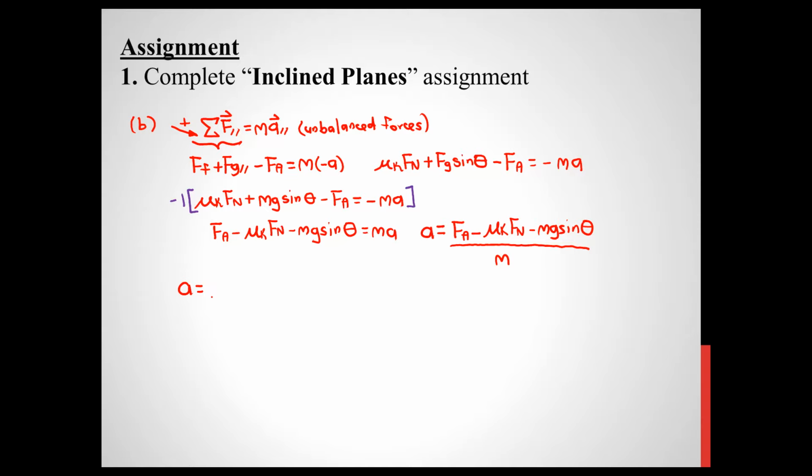All right, so Fa is 300 newtons. Mu k is 0.100. The normal force, we'll use the rounded answer from part A, which was 321 newtons.